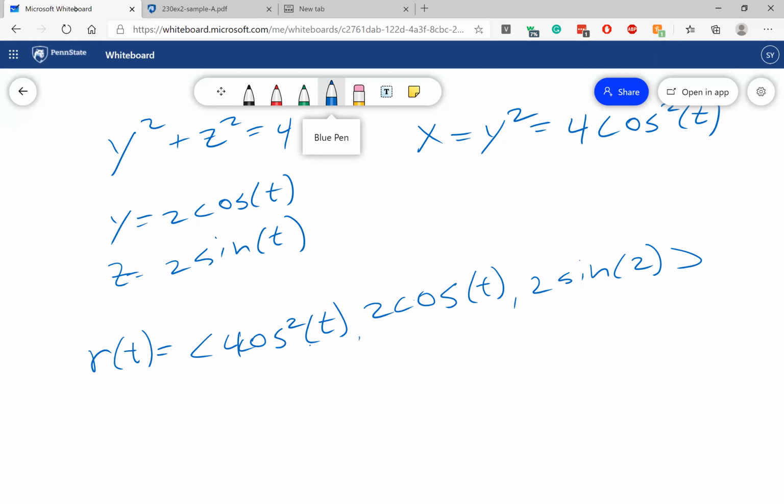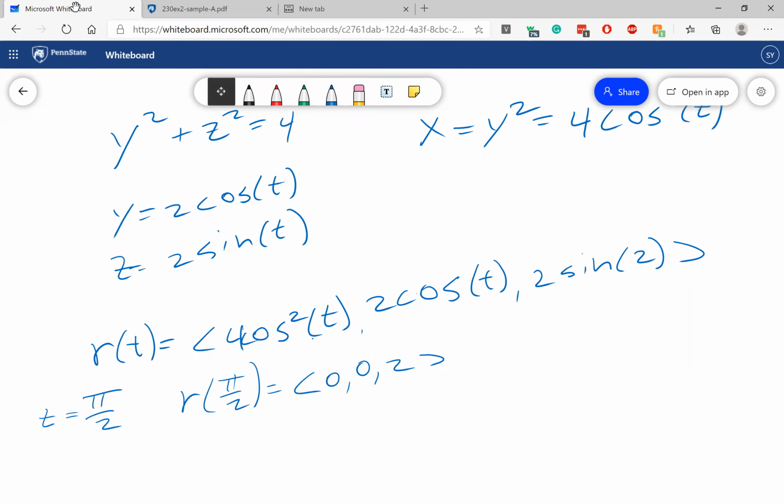That way at least we know what t we would be on. We want this to be 0, this to be 0, and this to be 2, so t would be pi over 2. And so r of pi over 2 is going to be (0, 0, 2).